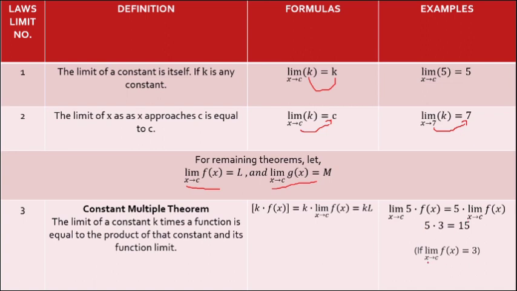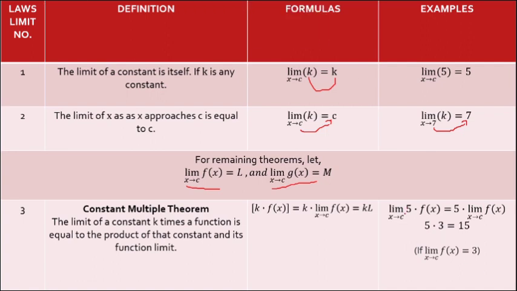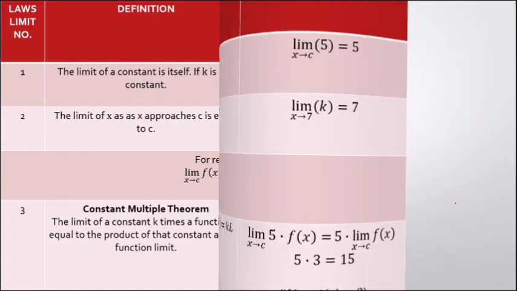Let's say the limit of the function is equal to 3. So the limit of 5 times the function: you just bring the 5 out front, 5 times the limit, which is 3. So 5 times 3 is 15. Isn't it easy?